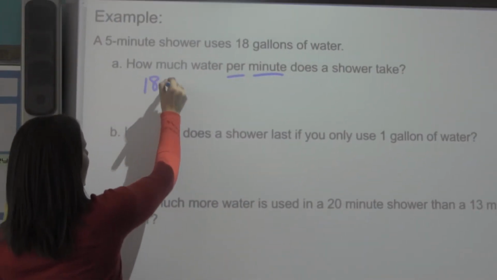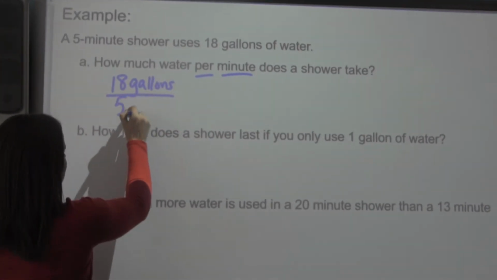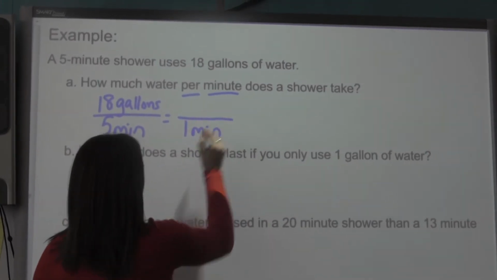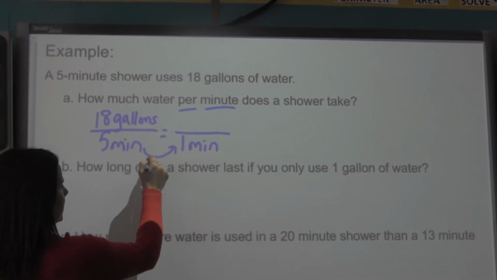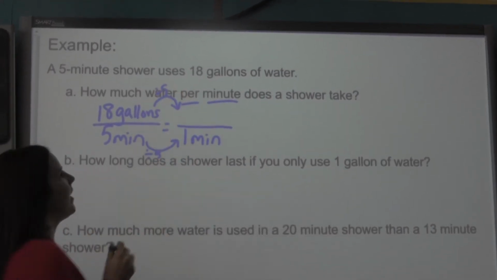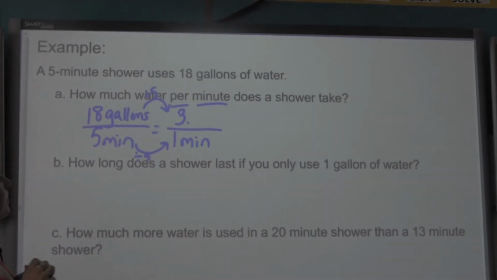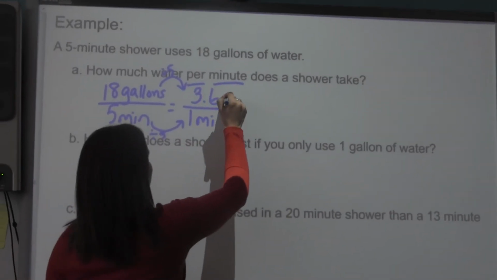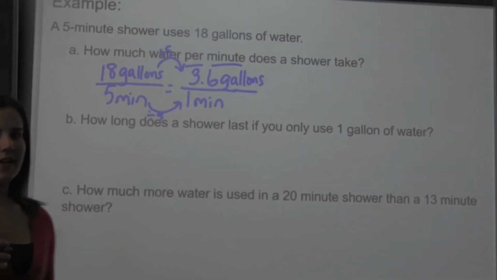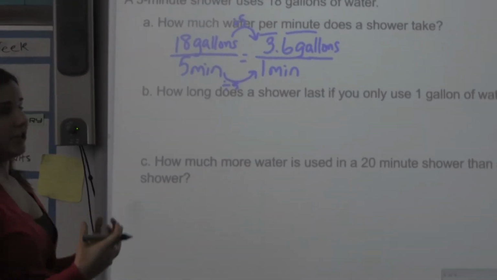So I have 18 gallons per 5 minutes, which equates to, divided by 5, divided by 5. 18 divided by 5 would be 3.6 gallons. So each minute I use 3.6 gallons of water in my shower.